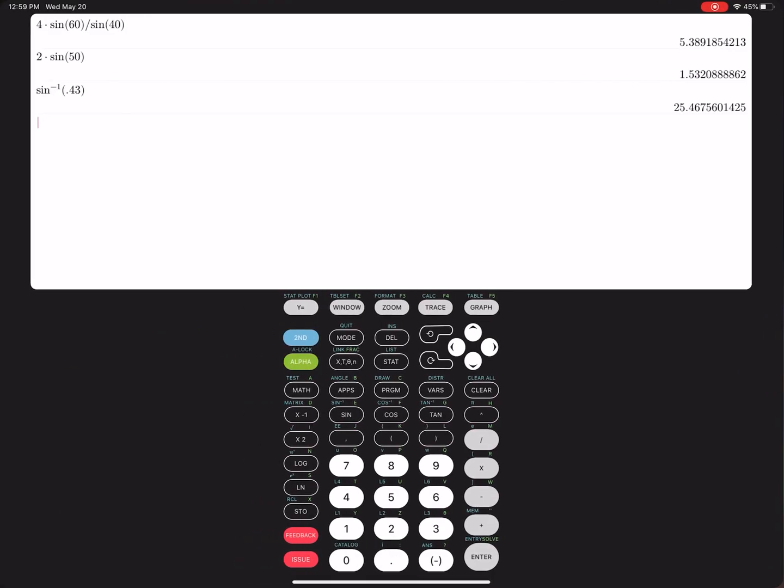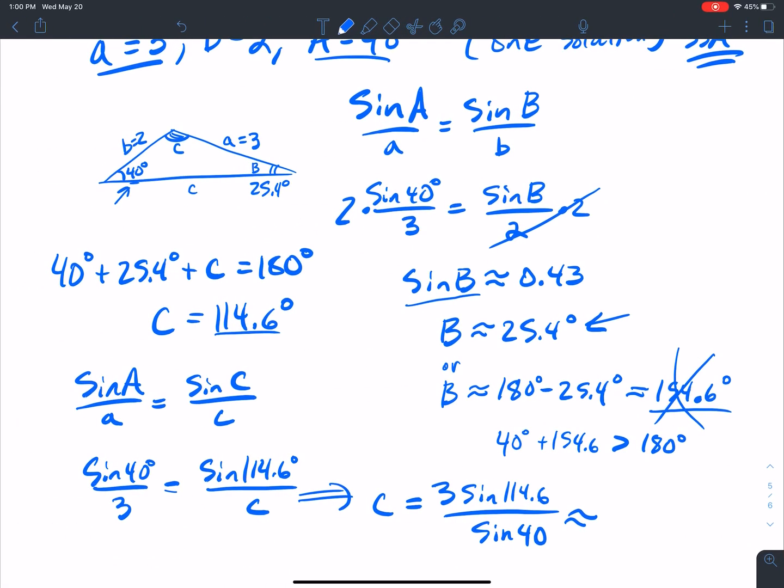And when I type that in my calculator, I get 4.24. All right, 4.24 is this last side here. So now we have solved the oblique triangle because we found all the sides and all of the angles.